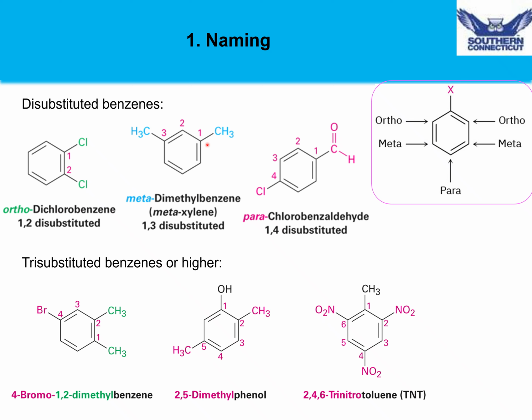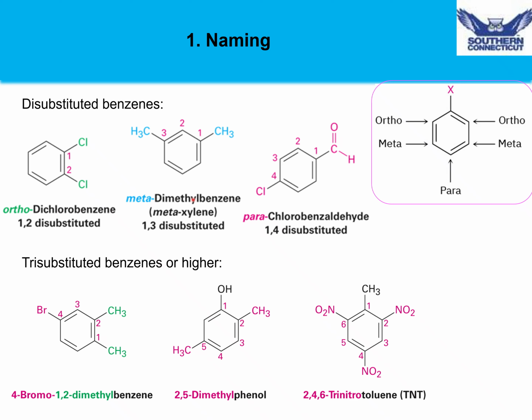So this can be named as 1,3-dimethylbenzene, or it could be named as meta-dimethylbenzene, or we could use the letter M in front of dimethylbenzene to indicate that this is a meta-substituted compound. Note that we could use the letter O for ortho or P for para as well.